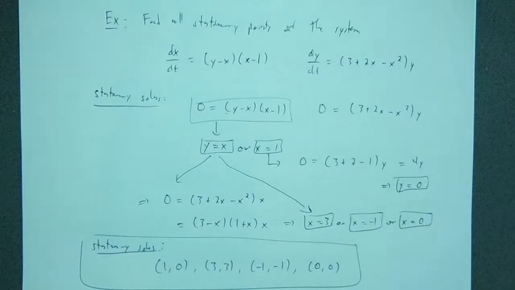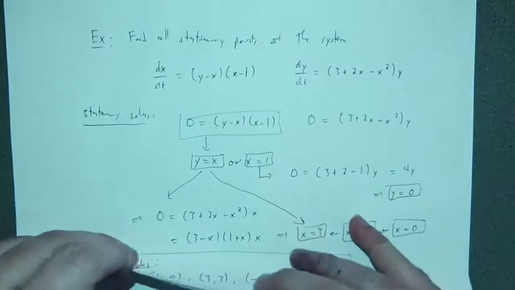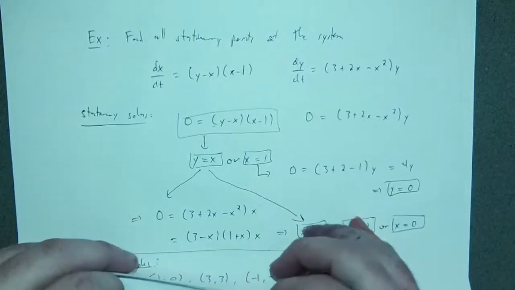All right. So now I wanted to address one other thing that can happen for these systems but can't happen in the earlier case of autonomous equations or for single equations. Back when we were doing this in chapter 1, this didn't make any sense because we didn't have as many variables showing up, right?